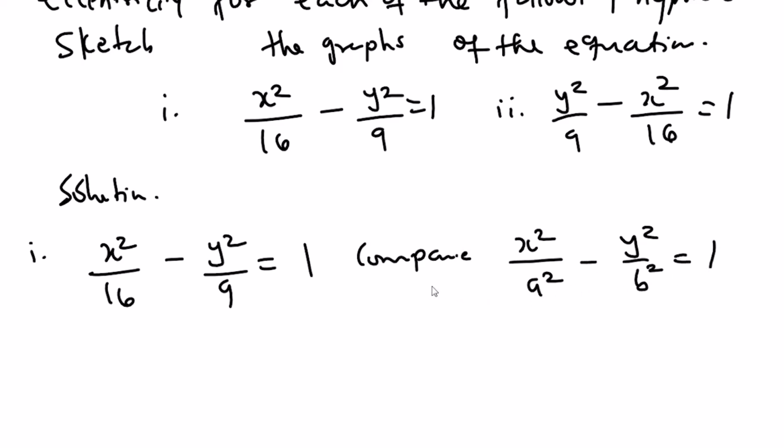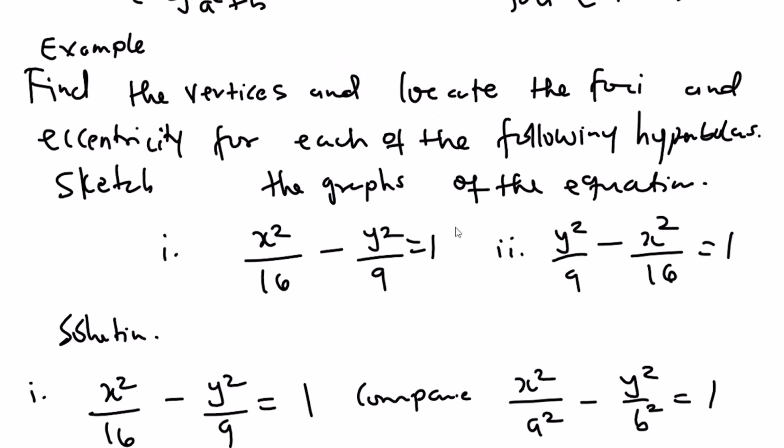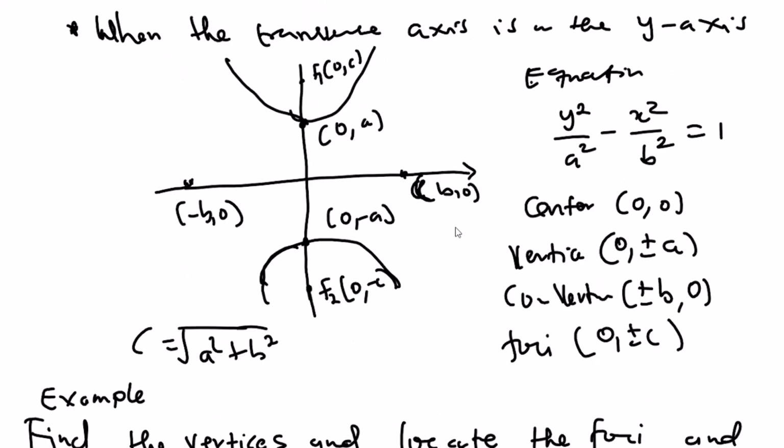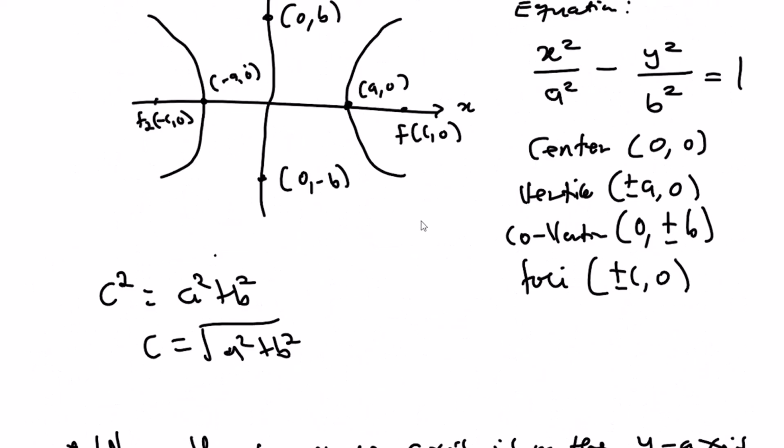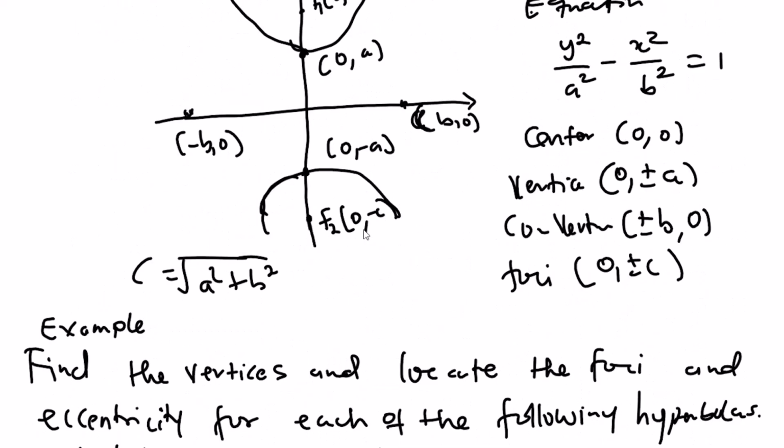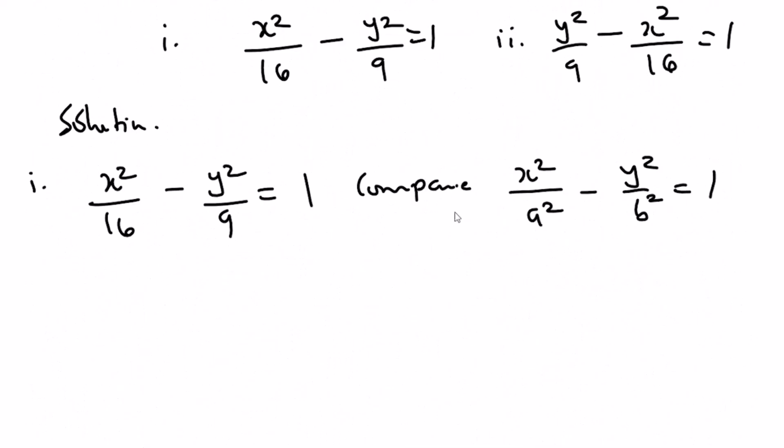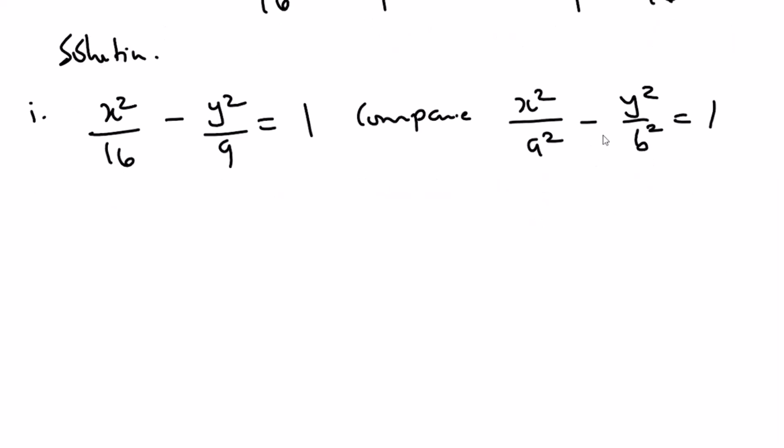So when it's like this, the transverse axis is on what? The x-axis. So let me go back and check that one. When it's on the x-axis, the equation is in the form x like this. So the first equation is in this form.